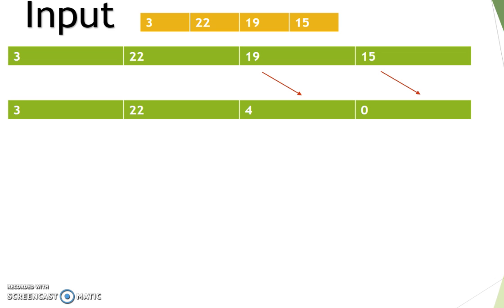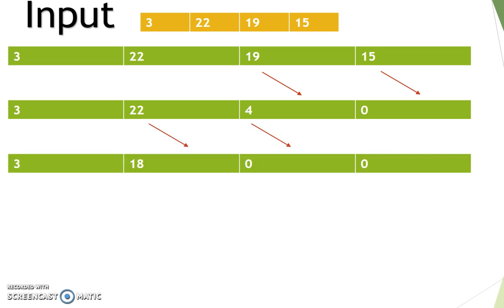Now we are seeing again this particular pattern, that the number at i minus 1, which is the second location, is greater than the number at ith position. So the solution still exists. We can reduce the number at i minus 1 position by the number present at ith position and make the ith position number 0. So 4 will become 0 by the same logic, and 22 minus 4 becomes 18.